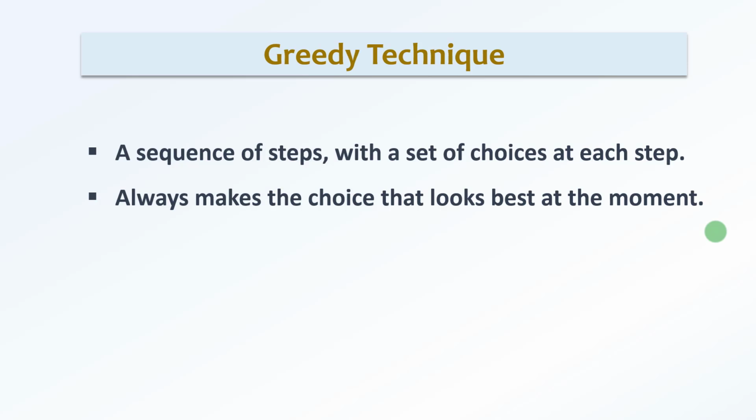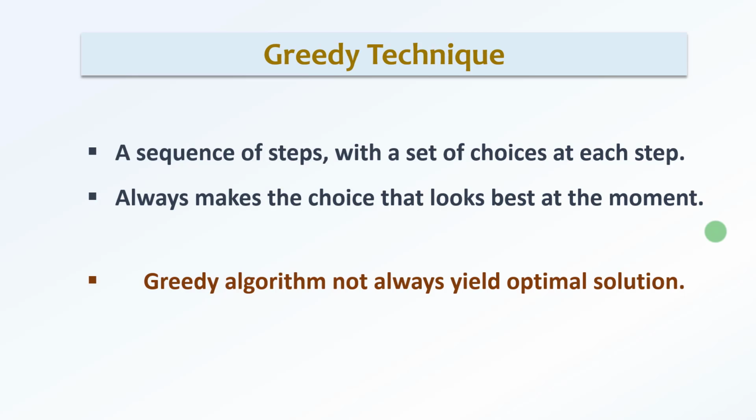That is, it makes a locally optimal choice in the hope that this choice will lead to a globally optimal solution. But sometimes a greedy algorithm fails to get an optimal solution. But for many problems they do. So greedy algorithm does not always yield an optimal solution.